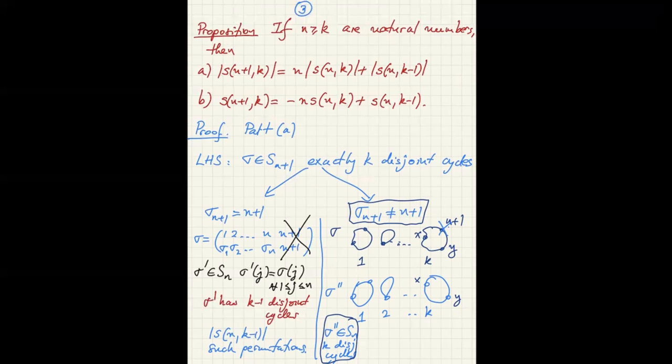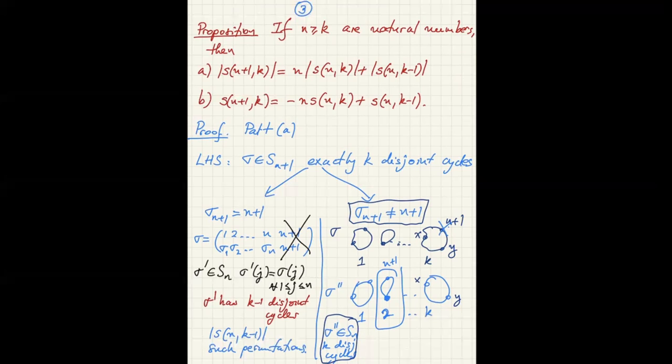one of these cycles. Now, in how many ways can you insert n plus 1 into these cycles? Well, if you have a cycle like the second cycle here, 2, then n plus 1, there's exactly one place where you insert n plus 1, and n plus 1 and the previously existing fixed element in that cycle become a transposition.